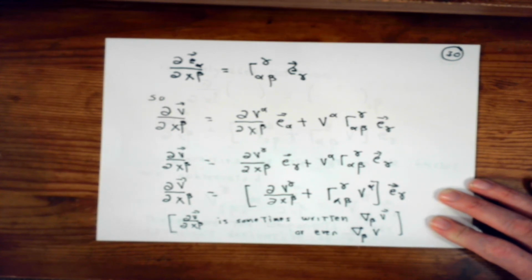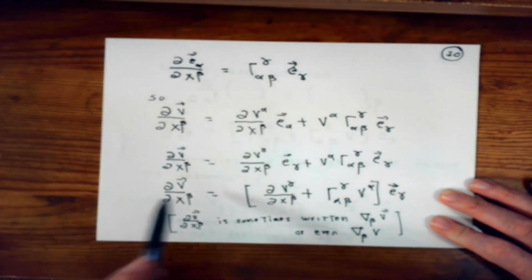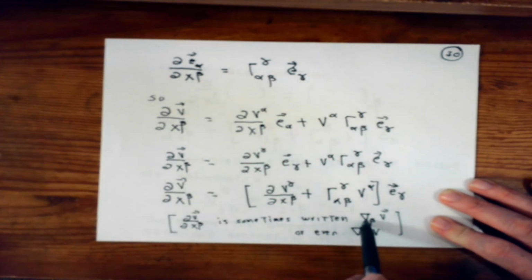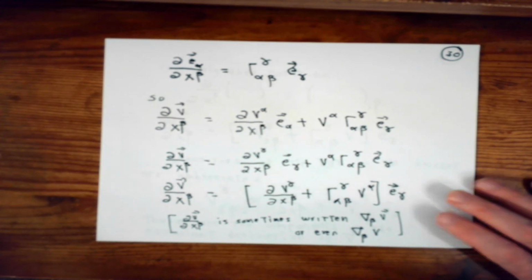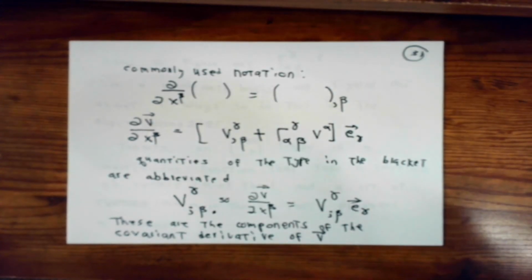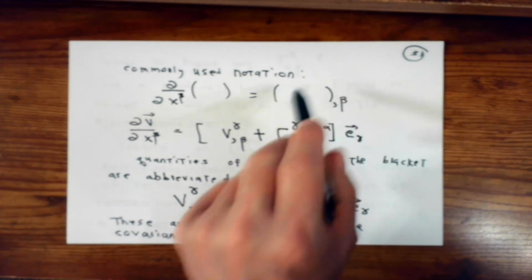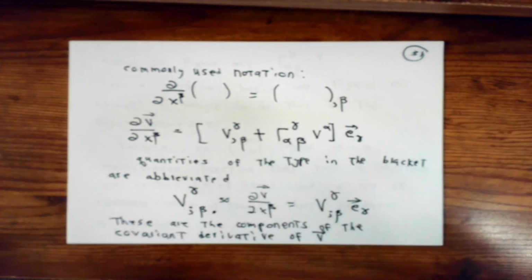This is usually called the covariant derivative. Sometimes people will take this individual number, the one with the beta, and write it as a gradient symbol with a beta of V. Or sometimes they'll even leave the V off because you might want to do this to more general things. A commonly used notation for the ordinary partial derivative of some quantity with respect to x beta is to write the quantity down, then a comma, then the index of the x with respect to which you're differentiating.